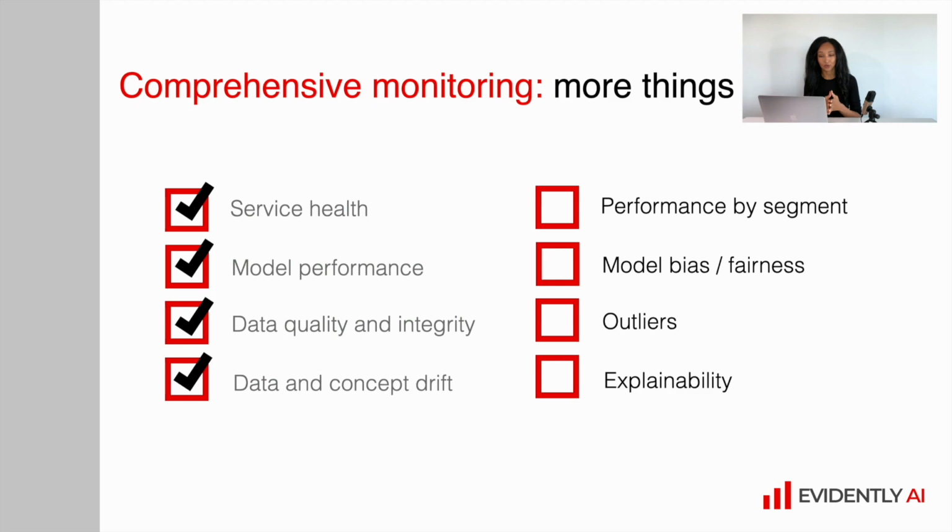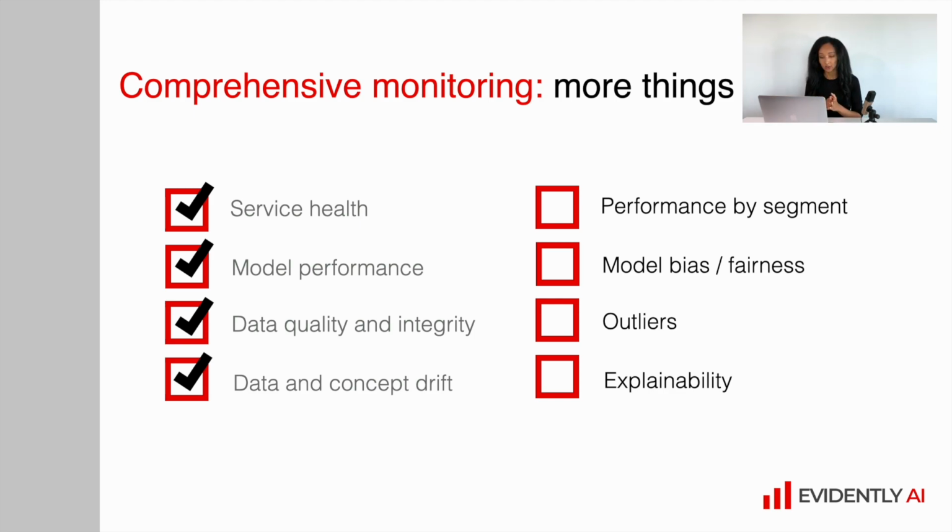Well, when it comes to comprehensive monitoring, you can always adopt some additional layers depending on your problem statement and the scenario of model usage. For example, together with service health, model performance, data quality and data integrity, and data and concept drift, you can add performance by segments, especially if you have quite a complex audience or quite a complex object structure and you know that there are different groups of objects you want to monitor separately.